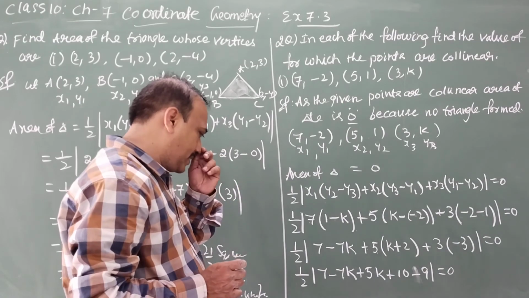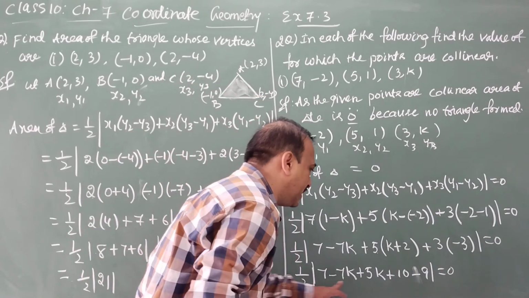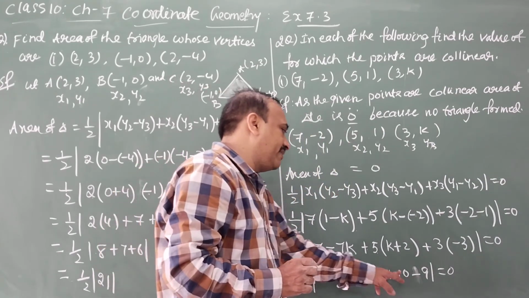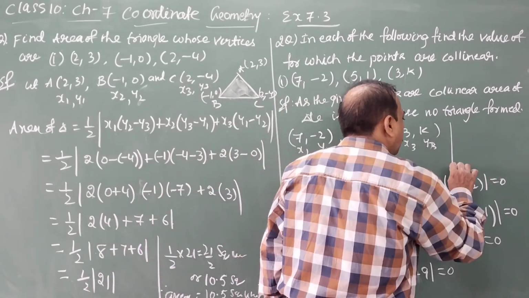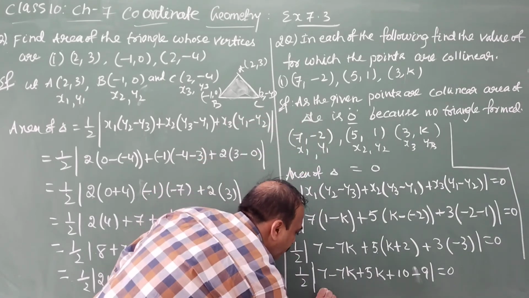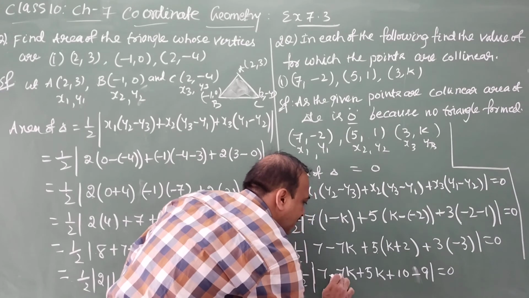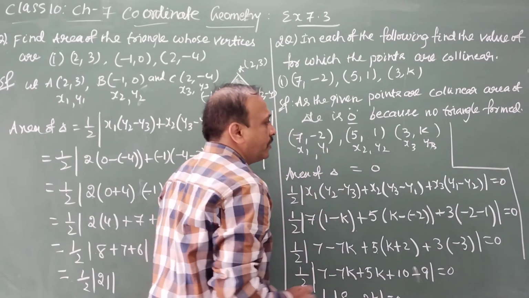See that 7 plus 10 is 17, minus 9 is 8. So half modulus of 8 minus 7k plus 5k, which is -2k, equal to 0.